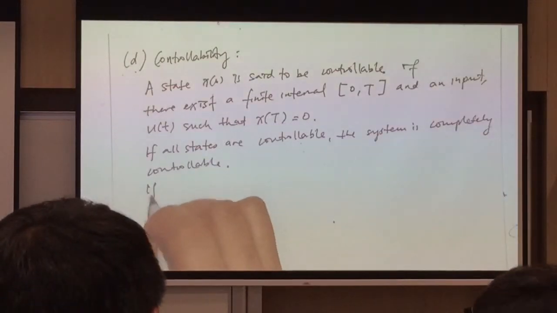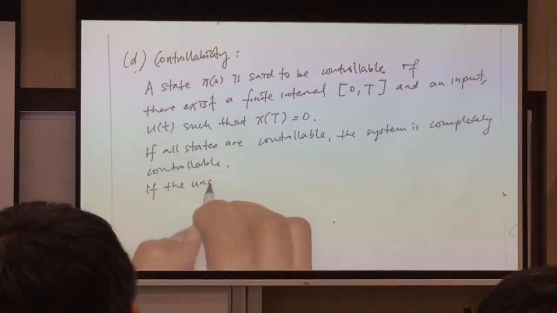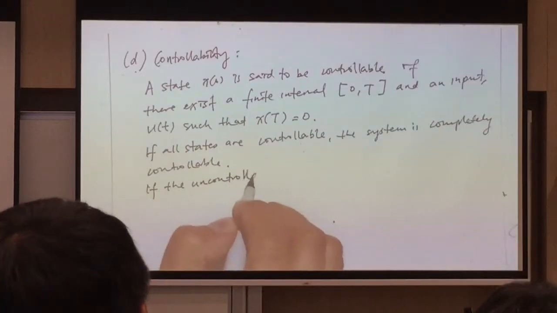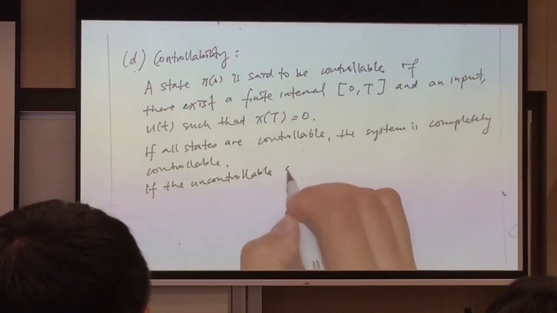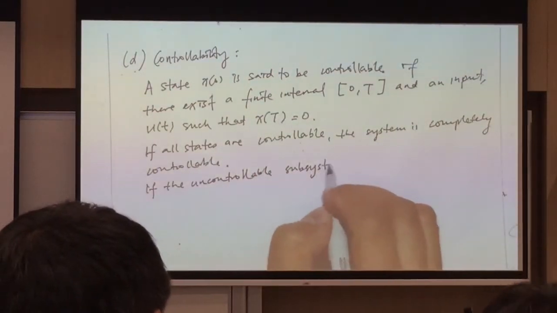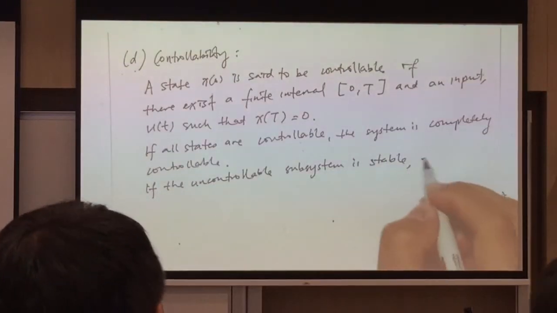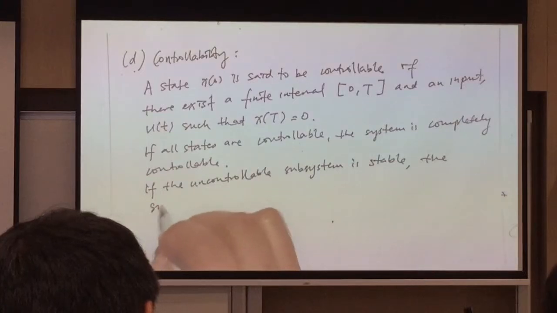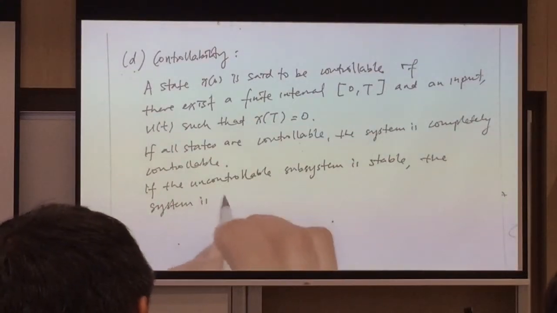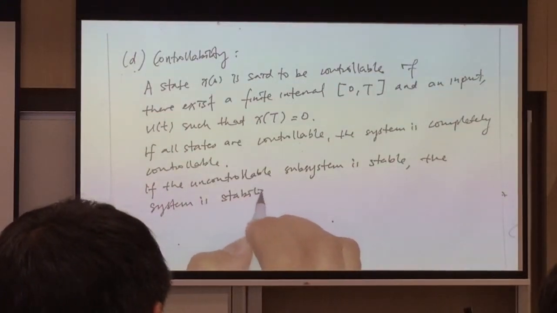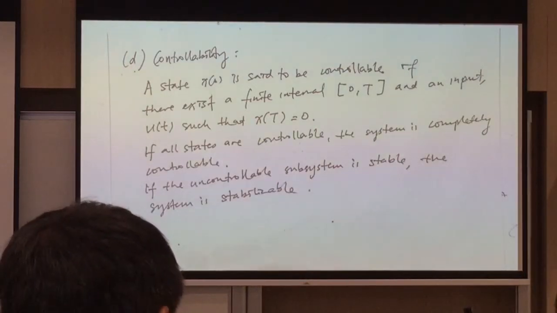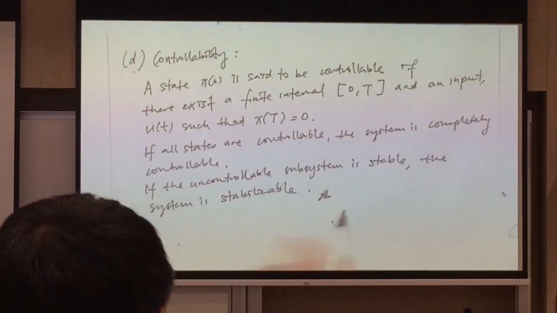If the uncontrollable subsystem is stable, the system is stabilizable. That's what we're asking for.